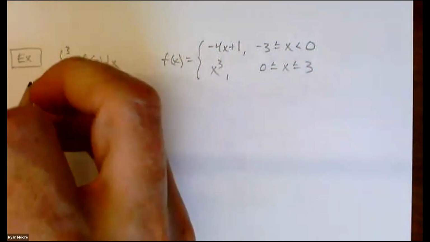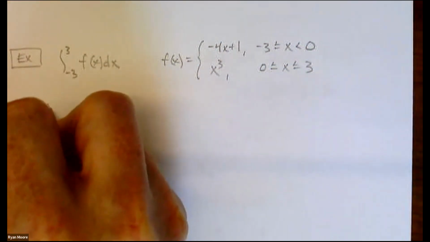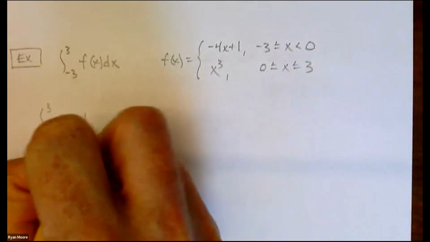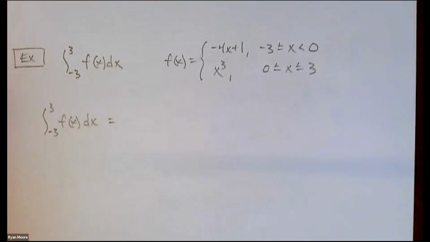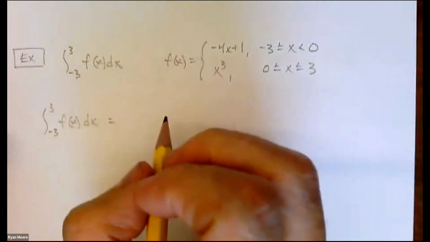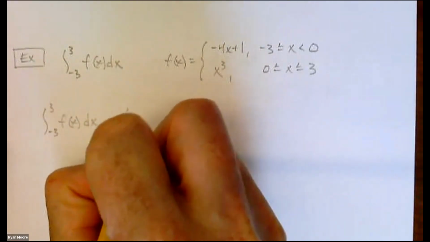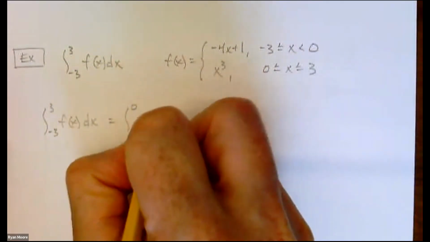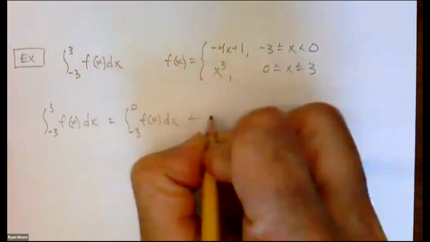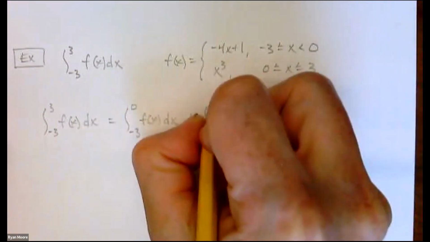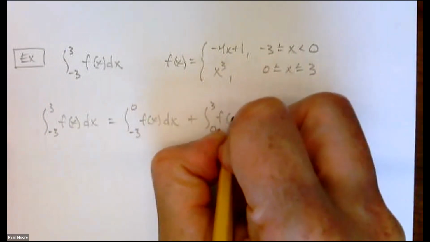So we're going to do it like this. -3 to 3 f of x dx. We're going to say, you know what? Let's think of this as the integral from -3 to 0 f of x dx plus the integral from 0 to 3 f of x dx.